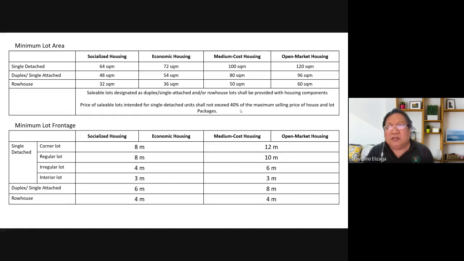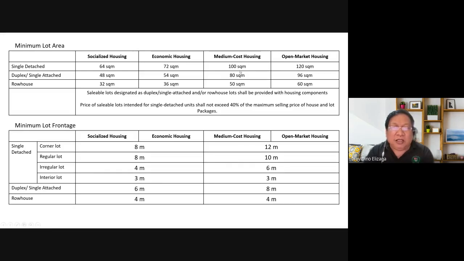It becomes problematic when we assist them in getting permits from HLURB, or I think it's now the Human Settlement, Housing Land Use. It used to be Housing Land Use and Regulatory Board.